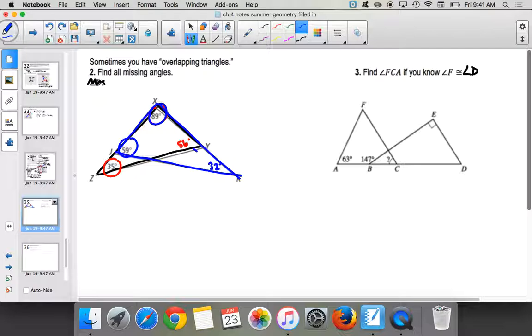So let's start with this angle right in here, angle ZYX. Who can tell me how to get ZYX? Couldn't I just do 180 minus 56? What are those pairs called? They're linear pairs. So I'm going to do 180 minus 56, and I get 124. So right in here I have 124.